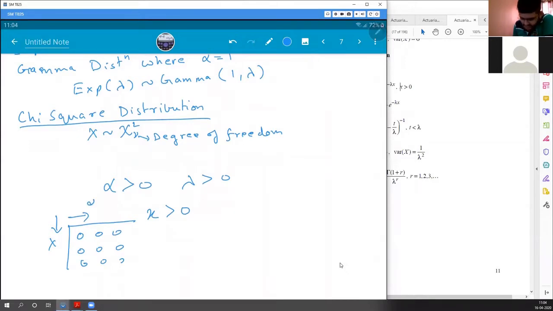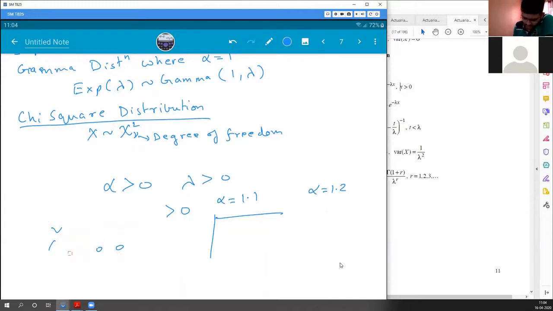For alpha equal to 1, put lambda here and x here, then alpha equal to 1.1 needs another table, then alpha equal to 1.2 another table. So we'll have infinite tables to form. That is why we cannot make tables when we have two parameters. We'll have to convert it into another distribution that has less than two parameters.